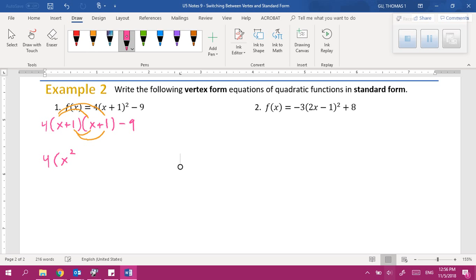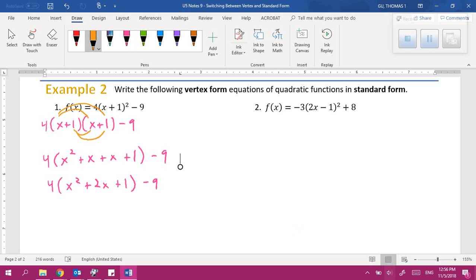X squared plus x plus x plus 1. That's right. Minus 9. Then combine like terms. So what's inside the parentheses now? X squared plus 2x plus 1, right, because x plus x is 2x. And minus 9. What is next then?